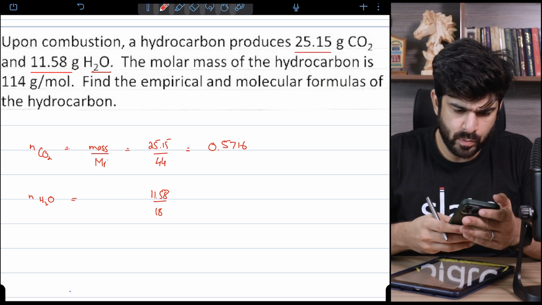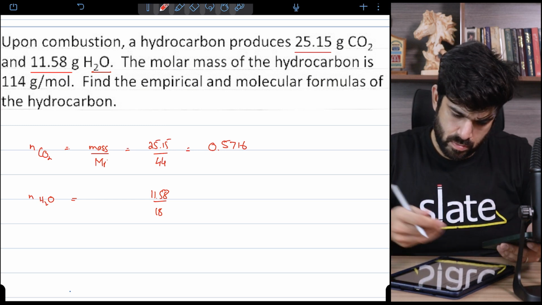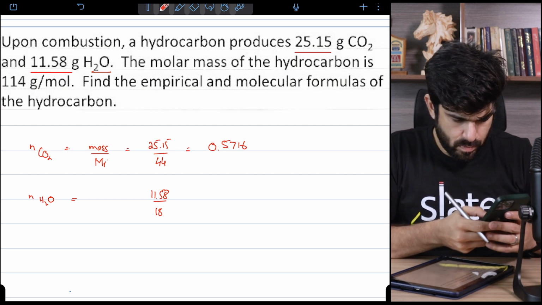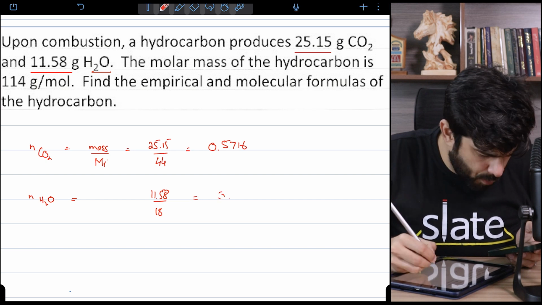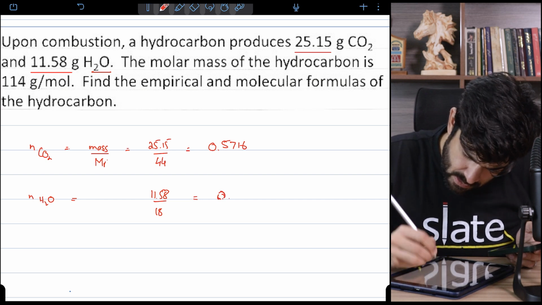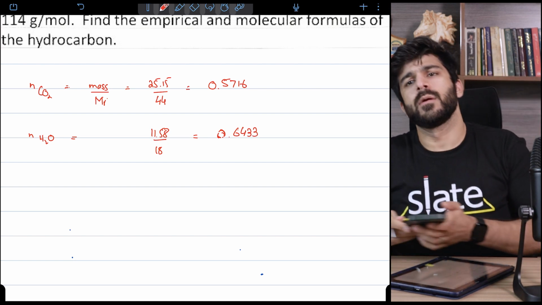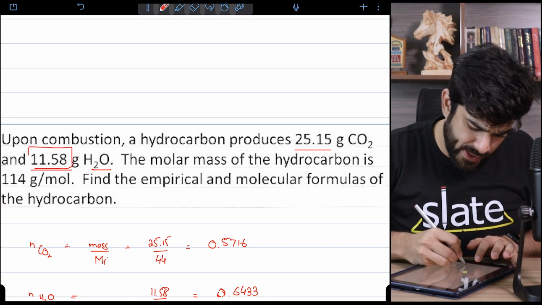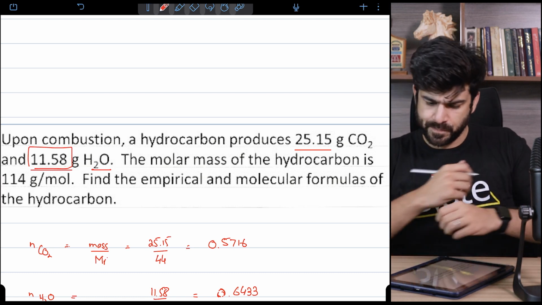And the other value, 0.6433. Because we are following four significant figures because of this very value. We follow the significant figures from the question.